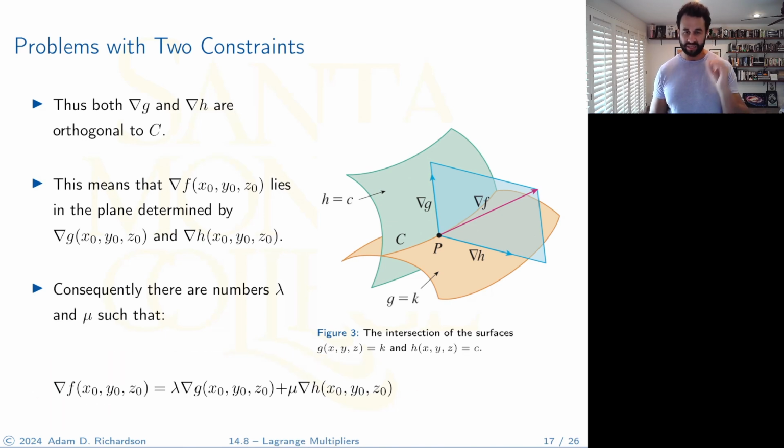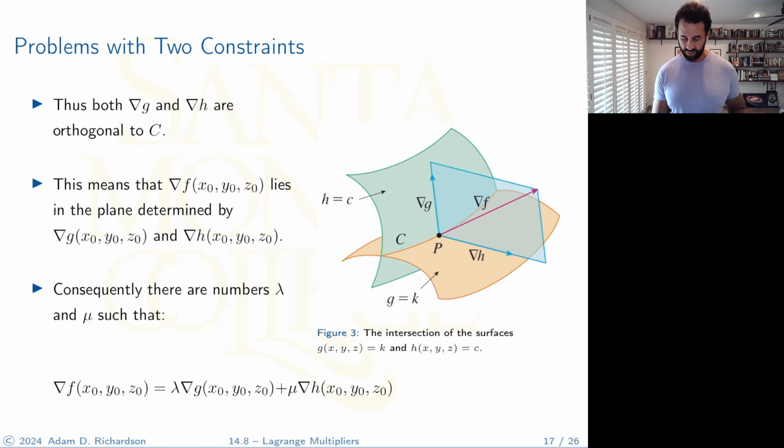So maybe if you stare at this for a minute, what I'm saying is this vector is equal to lambda times this vector plus mu times this vector. And that's because these two vectors are orthogonal, so in some sense, they're forming a basis. They're not unit vectors, but because they are both orthogonal, they can form a basis.